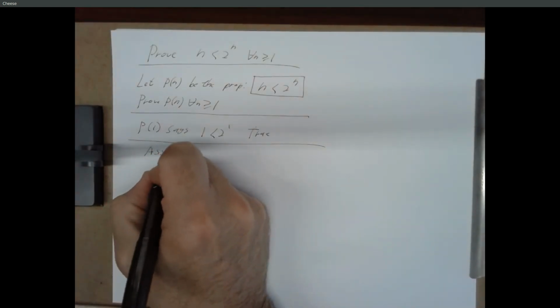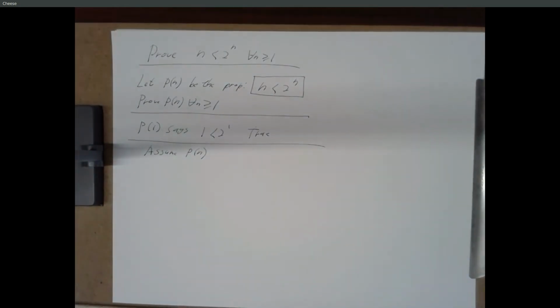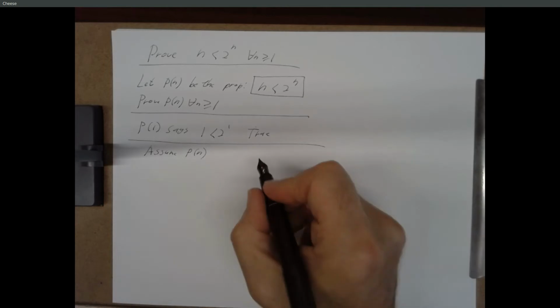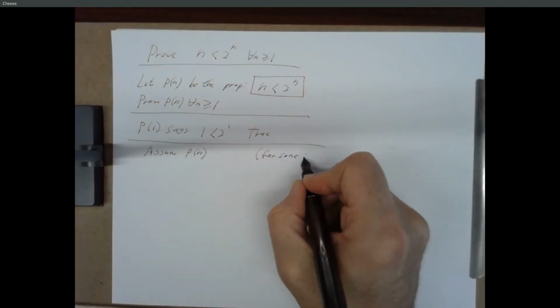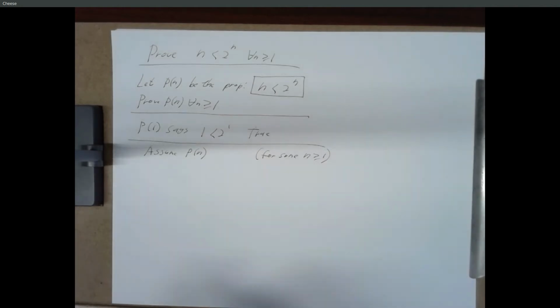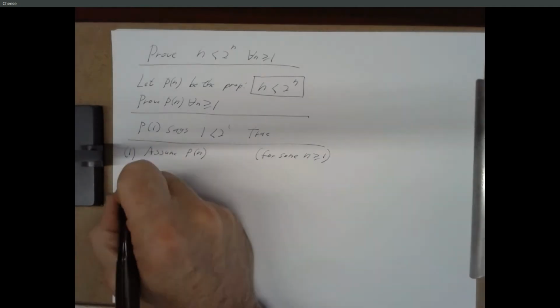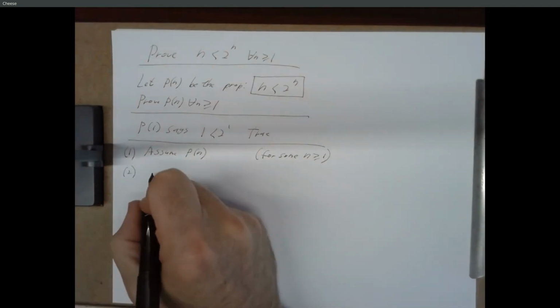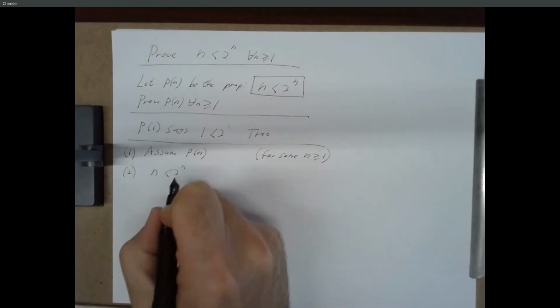So now let's assume P of n is true for some n. And it only has to work for some n bigger than or equal to 1. Well, since P of n is true, then we're assuming also that n is less than 2 to the n.